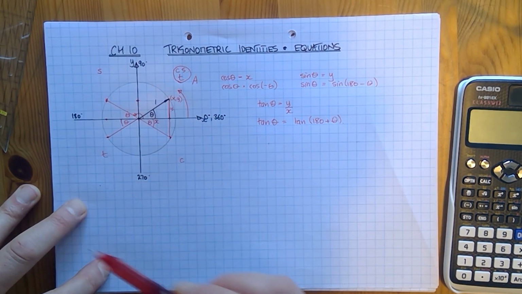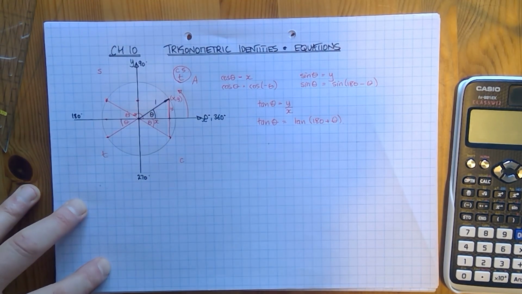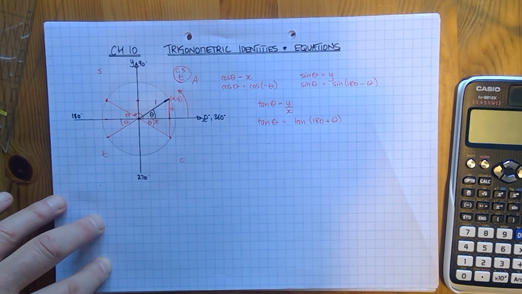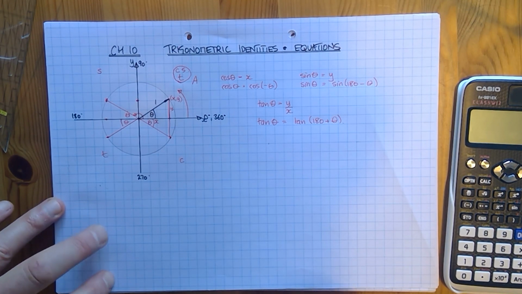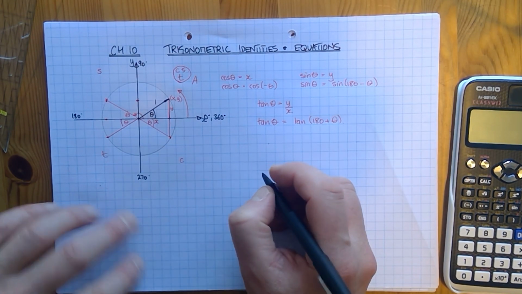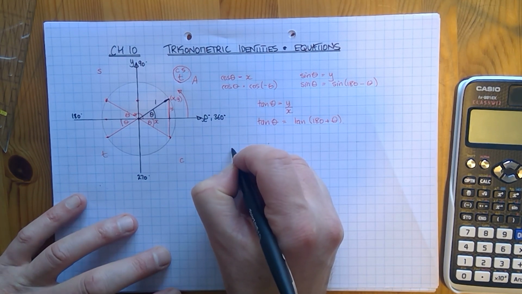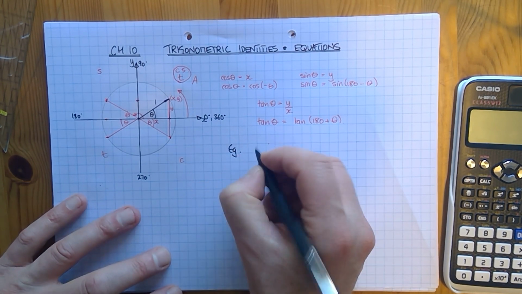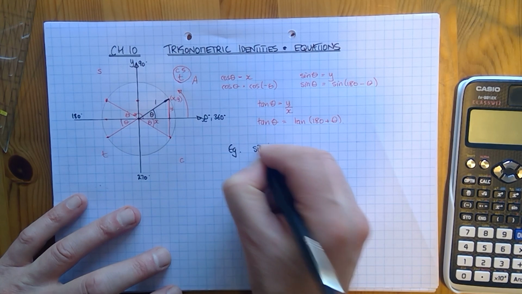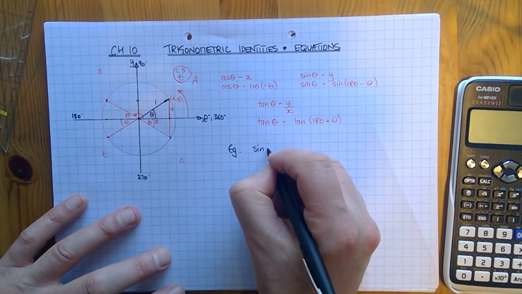It's a diagram that helps you work out alternative values for inverse sine of various values. So let's see how we'd use this. Let's work out inverse sine of 0.7.